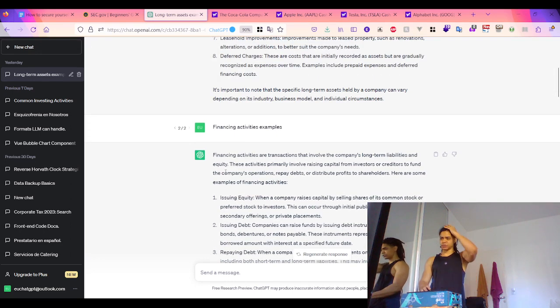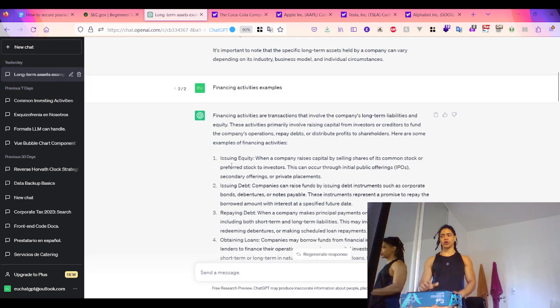So financing activities are transactions that involve the company's long-term liabilities and equity. And this activity primarily involves raising capital from investors or creditors.